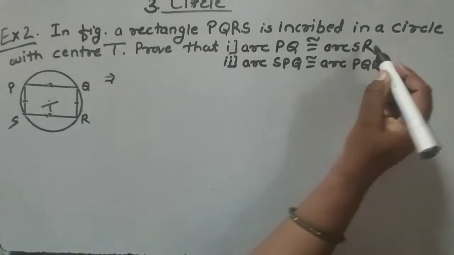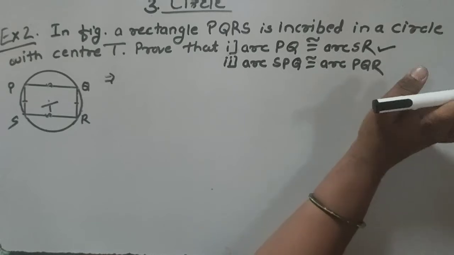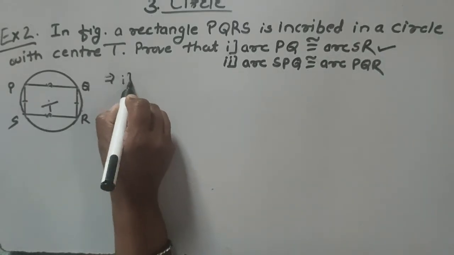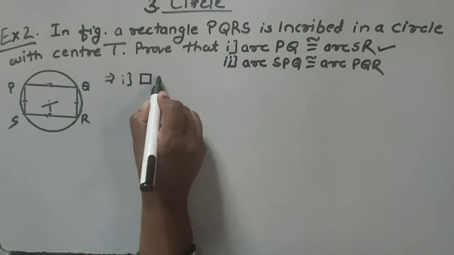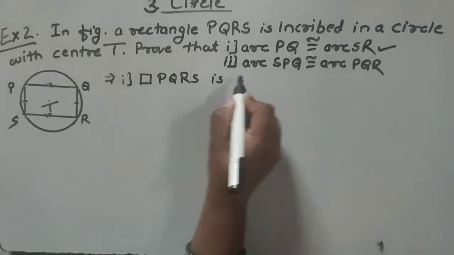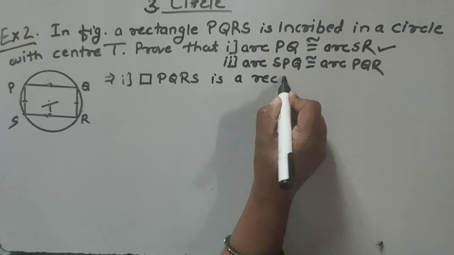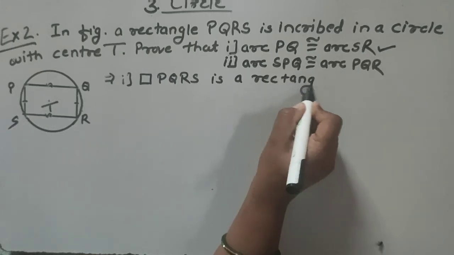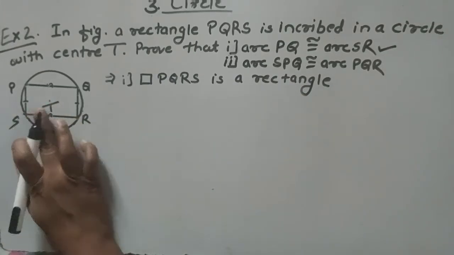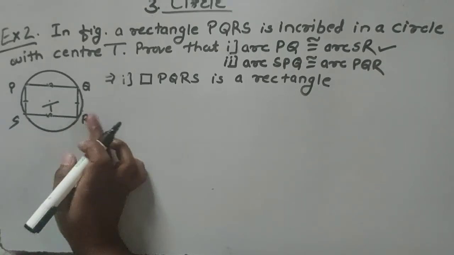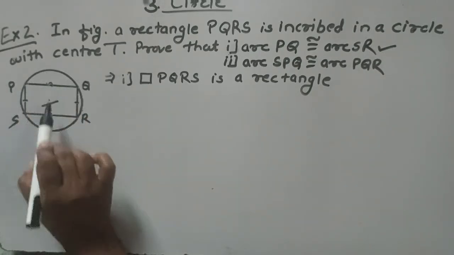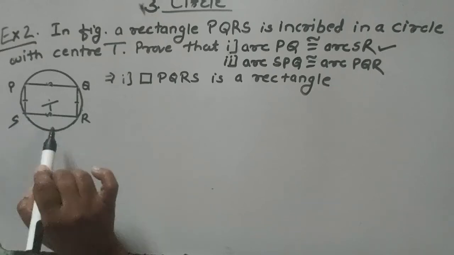First part: how to show arc PQ is congruent to arc SR. As you know, quadrilateral PQRS is a rectangle. If PQRS is a rectangle, then PQ is congruent to SR, but these are chords of the circle.